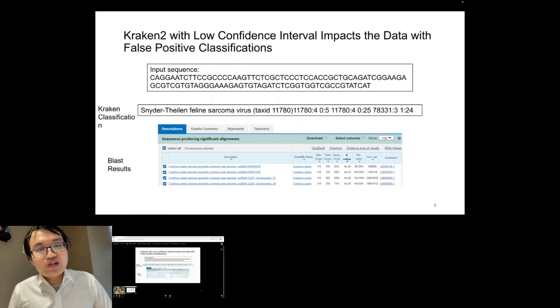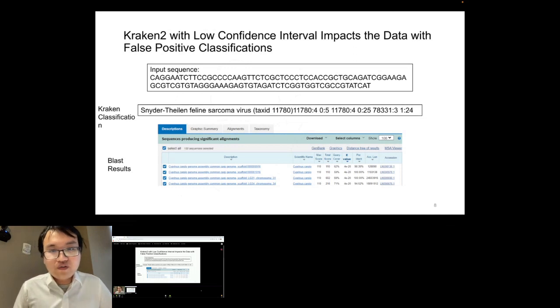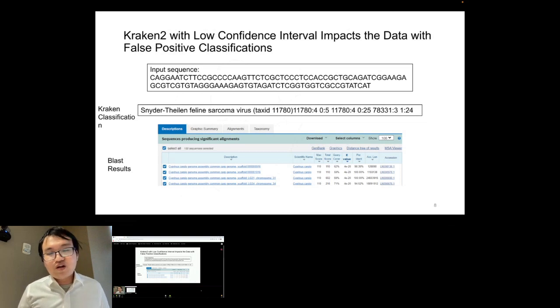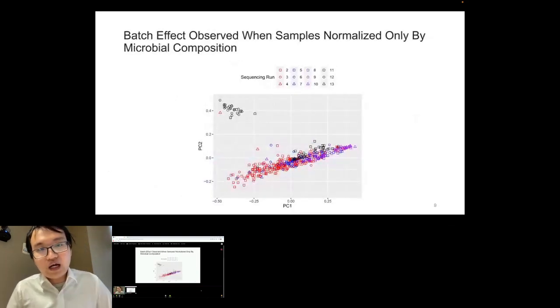After many trials and errors, we decided to increase the confidence parameter to 0.5, which does remove all of these false positive classifications that got mapped to viruses that should not belong in the samples, and increases the quality of our classifications. After that, we adopted 0.5 as our confidence parameter for the classifications.